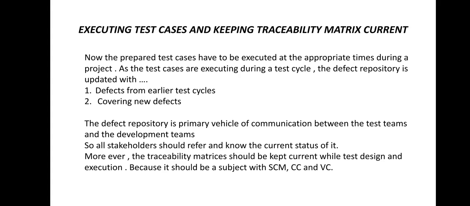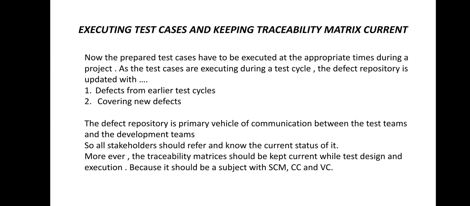That means if there are problems, errors, bugs or any kind of defects in the execution, then we have to update the repository with the defects from earlier test cycles, that means the previous test cycles, and cover the new defects. It will result in a defect repository, which is basically a primary tool of communication between the test teams and the development teams.